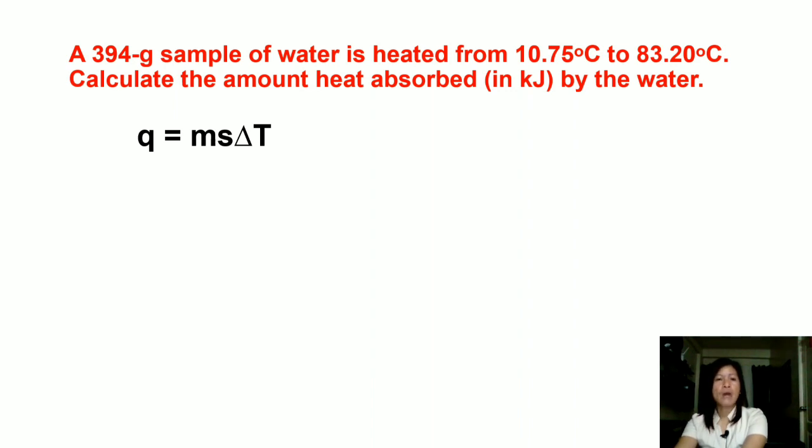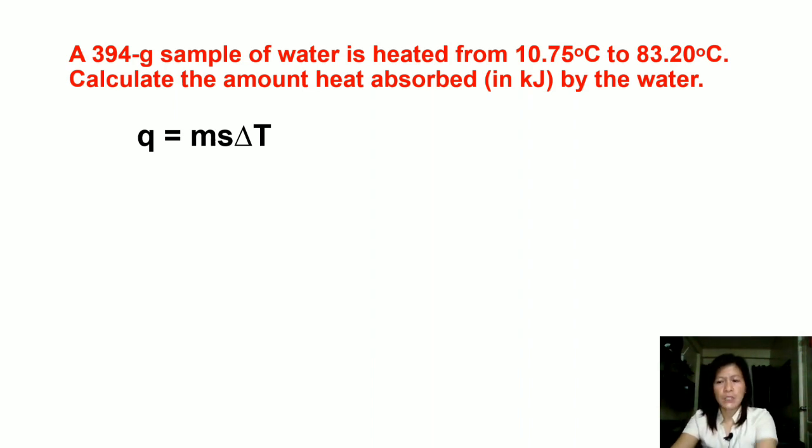Water, amounting to 394 grams, with initial temperature of 10.75 degrees Celsius. So ang tanong, what amount of energy has been absorbed by water that caused it to increase its temperature to 83.20 degrees Celsius?